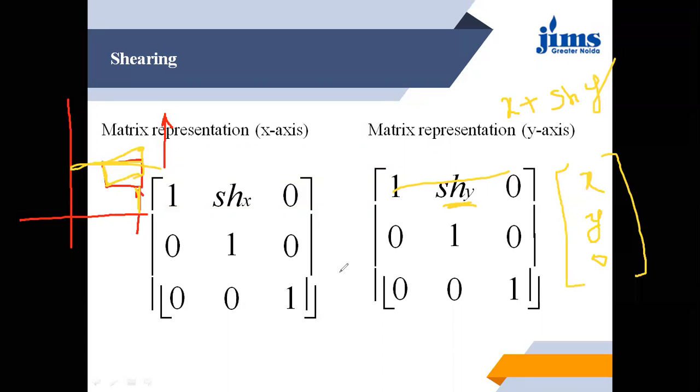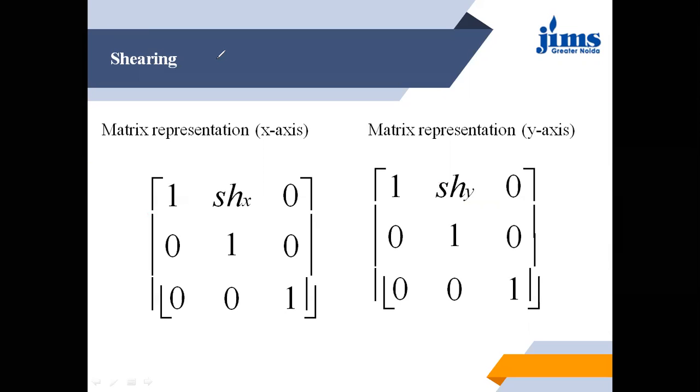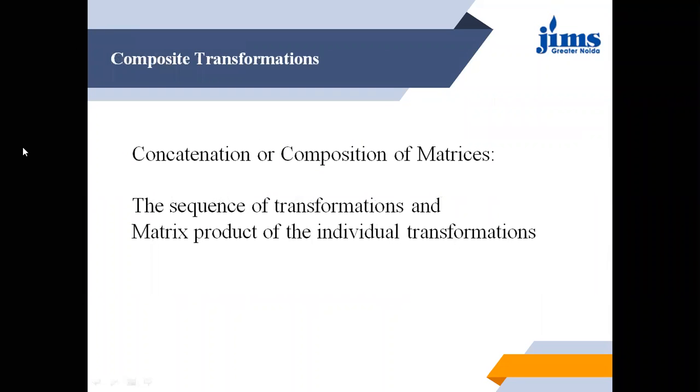And when we multiply this, this is y, only y. So you can see from here that the value of only one coordinate is changed. So there are two things: we can shear with respect to the x-axis or with respect to the y-axis.